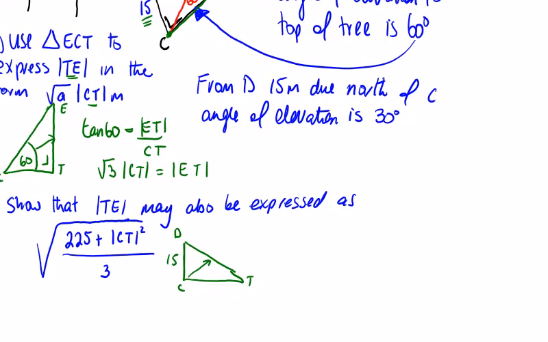So DT, we're looking for a CT squared. So DT, the diagonal, is equal to the square root of the other two sides squared and added together. So DT is equal to the square root of 225 plus CT squared.